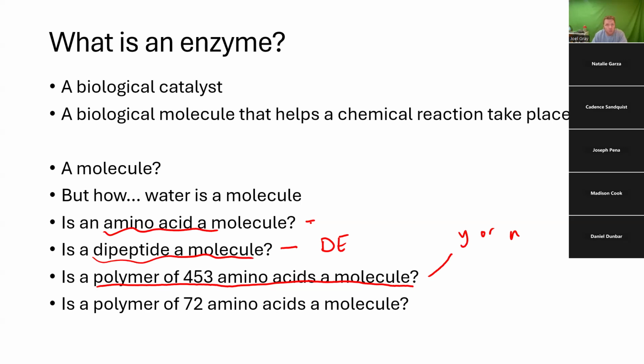And yeah, that's also true. It is a molecule. And then we had, oh boy, if a two amino acid molecule is a dipeptide, a 453 amino acid molecule, I don't know what that is, but that would be a 453 AA peptide. So yeah, this is a molecule, and the same thing goes here.